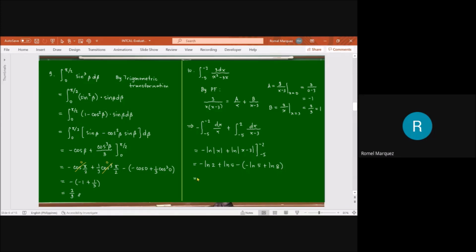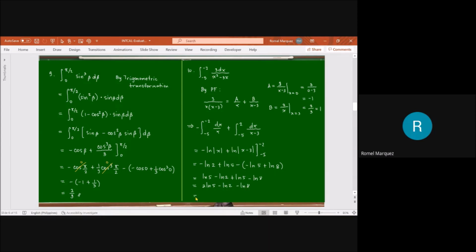Did you get that, guys? Okay. So we now have, let's arrange. So this is ln 5 minus ln 2 plus ln 5 and then minus ln 8. Am I correct, guys? So this is equal to 2 ln 5 and then minus ln 2 minus ln 8.